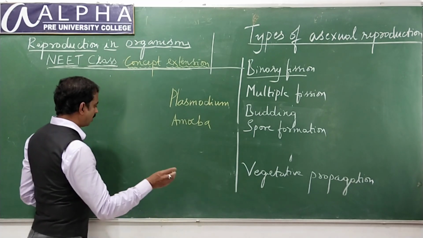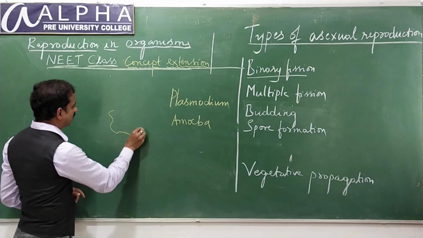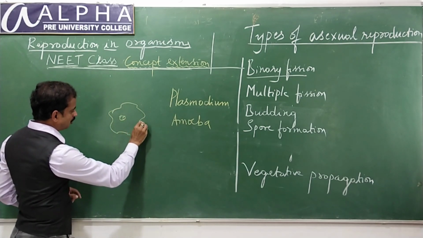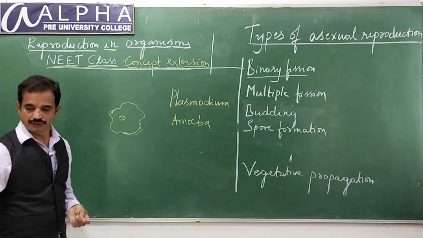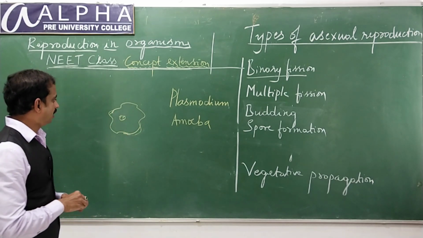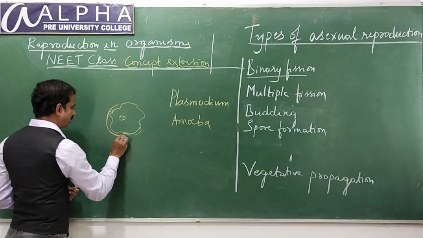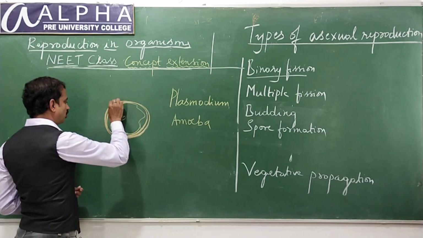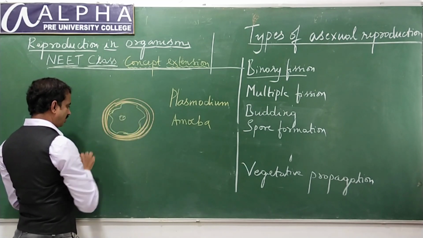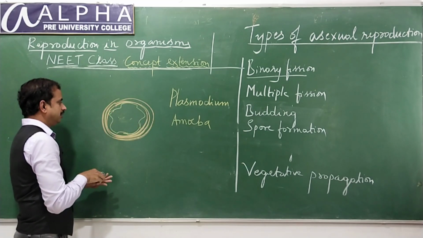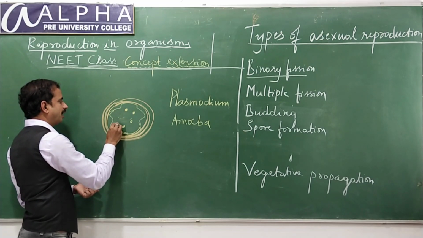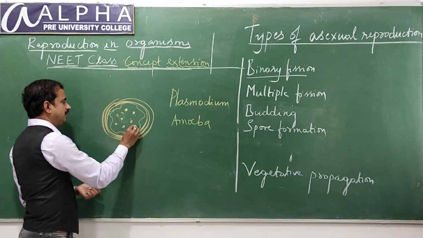You see, in case of the amoeba, what happens? During unfavorable situation, I explained that it will withdraw the pseudopodia. And then what happens? A three-layered cyst is produced over the amoeba. We also call this encystation. And then first, the nucleus of the amoeba will divide to produce many nuclei like this.